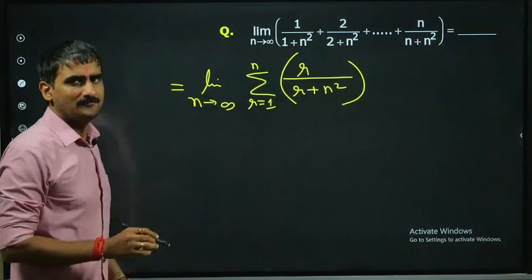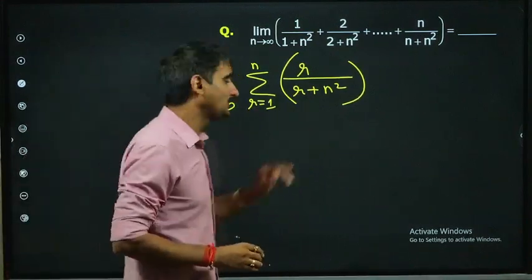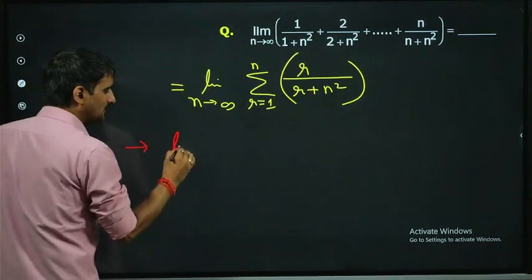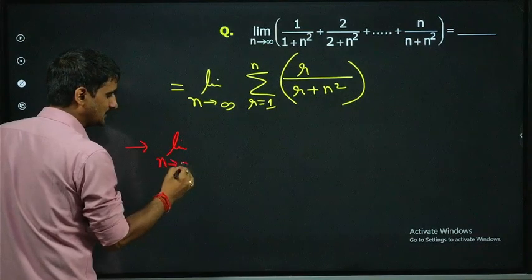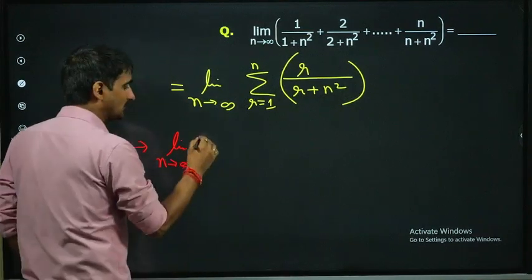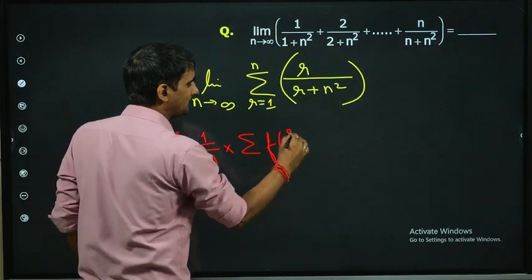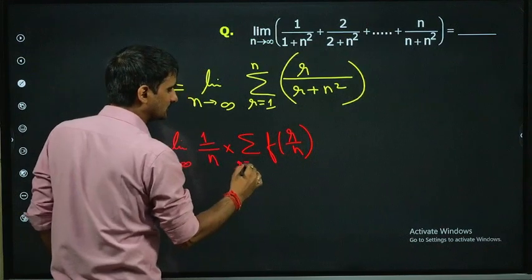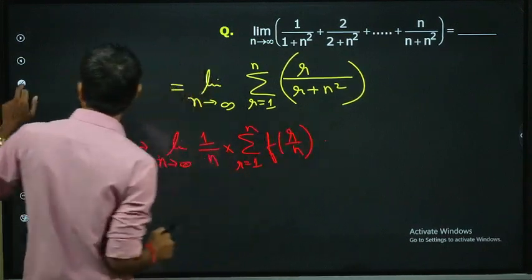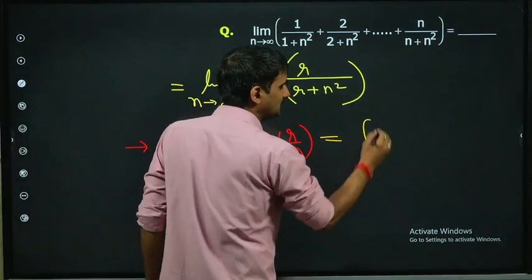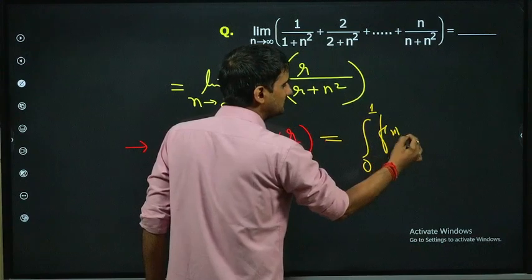Now see, if we have to get it in the form of definite integration, we should be able to compare it with this limiting form, which is limit as n approaches infinity of 1 by n into summation of f of r by n, where r goes from 1 to n. And in that case only we say that this is nothing but the integral from 0 to 1 of f of x dx.